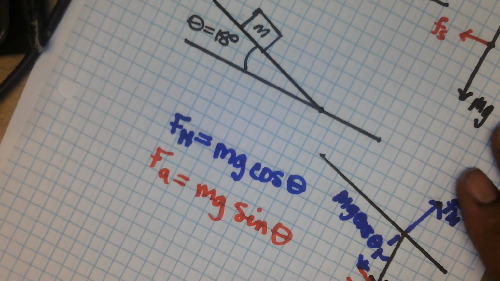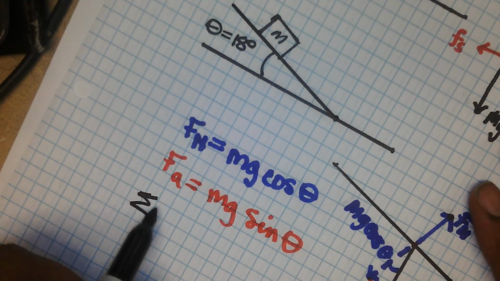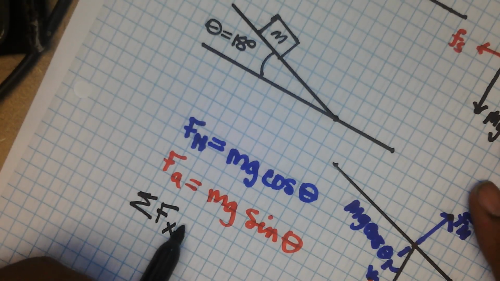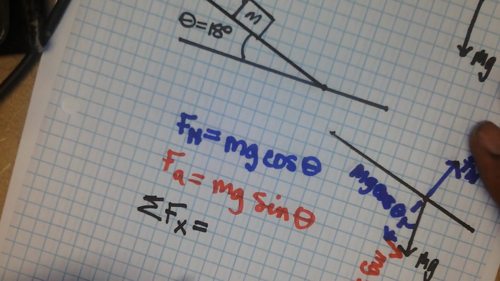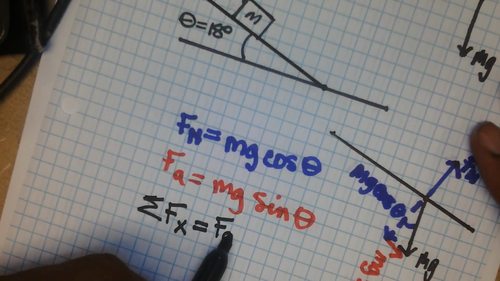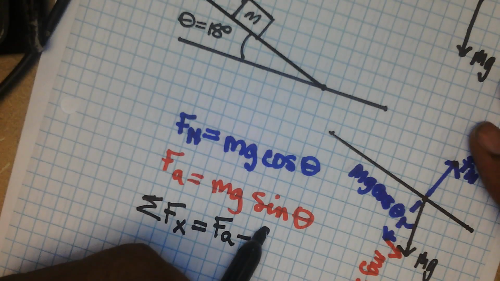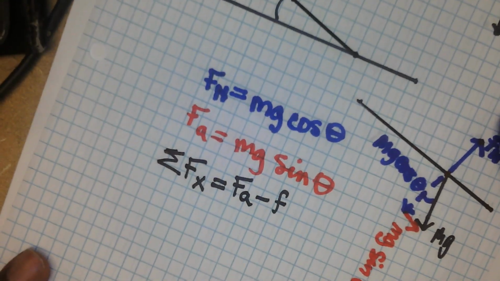Now, let's remember the sum of the forces on the x-axis equals the applied force minus frictional force.